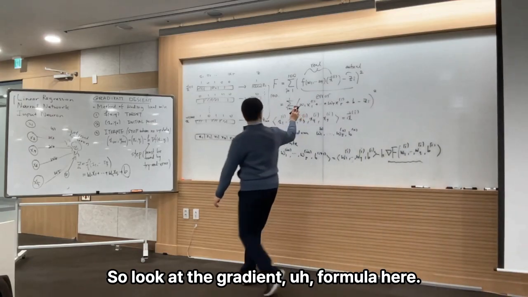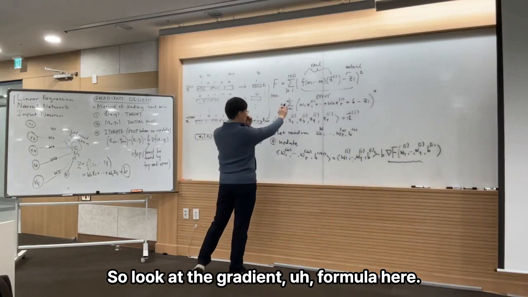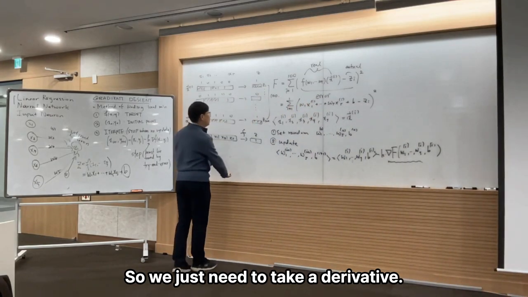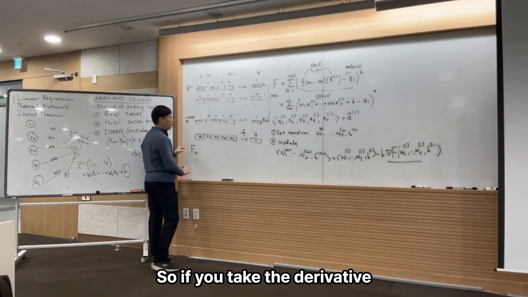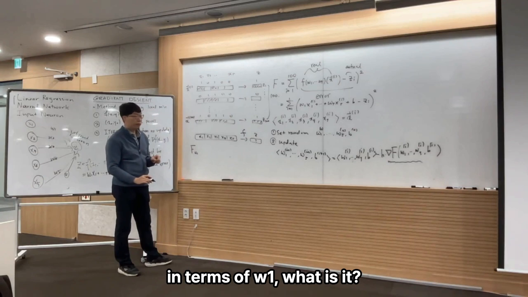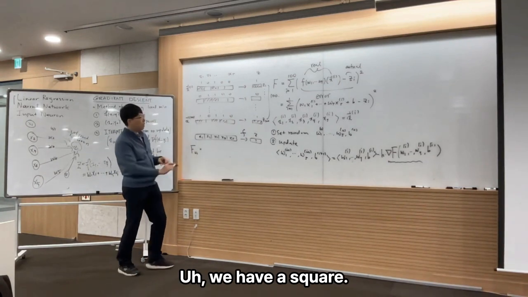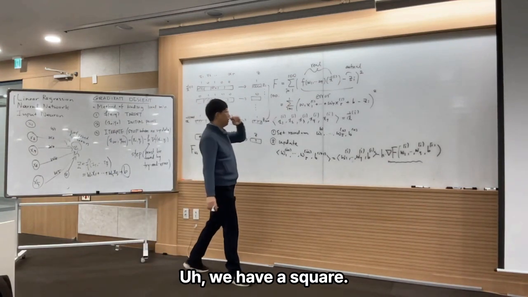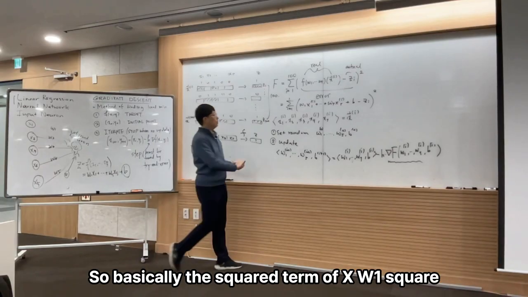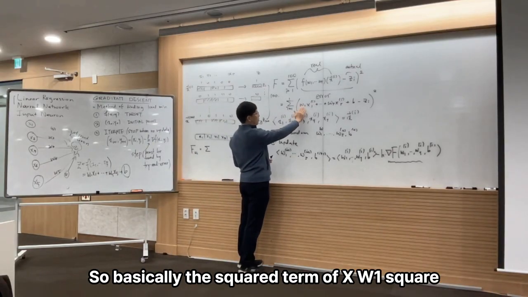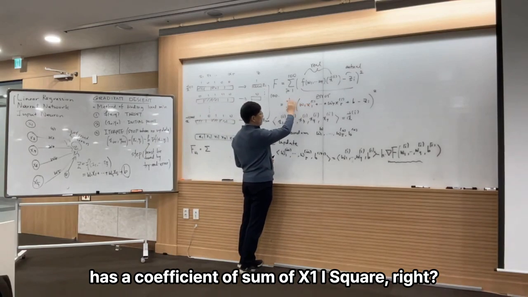So look at the gradient formula here. So we just need to take a derivative. So first of all, f with respect to w1. If you take the derivative in terms of w1, what is it? We have a square. So basically, the square term of w1 squared has the coefficient of the sum of x1i squared, right?